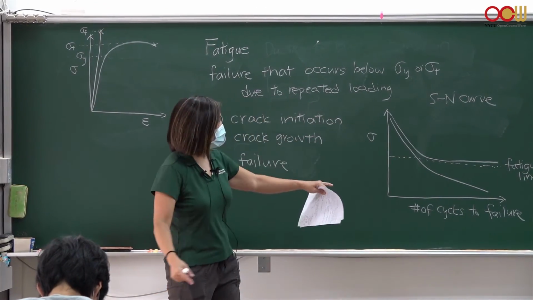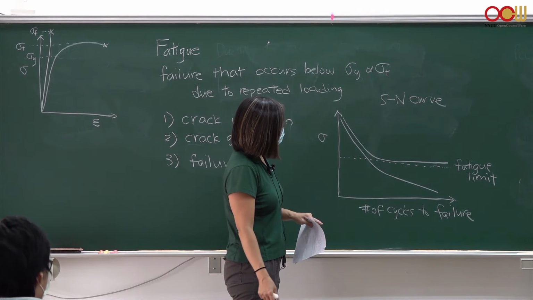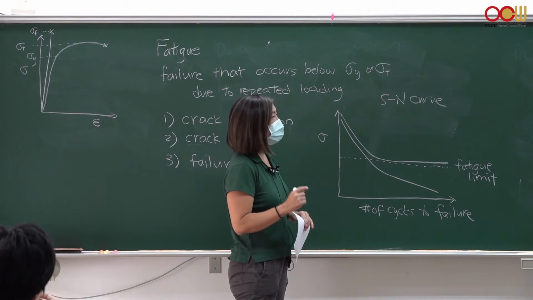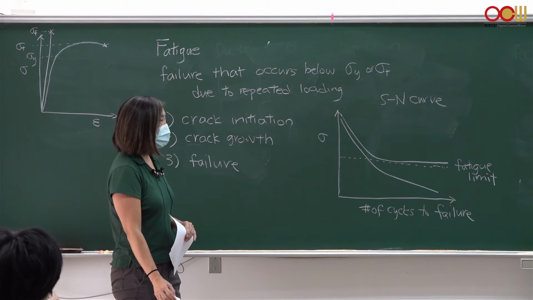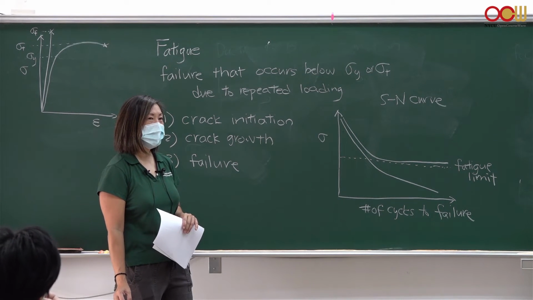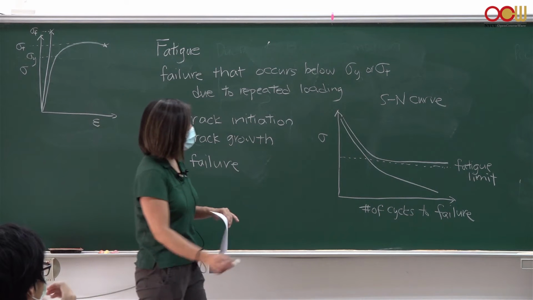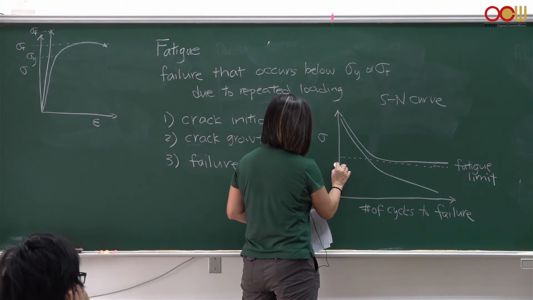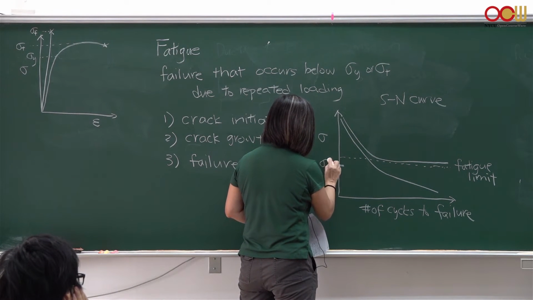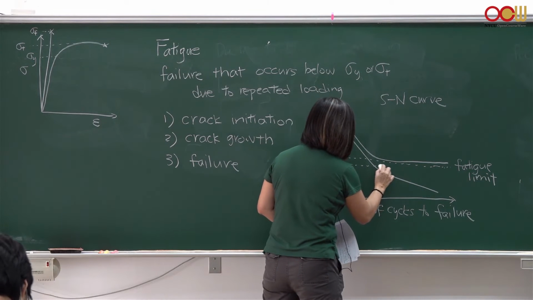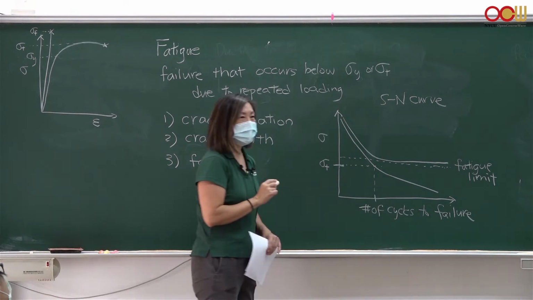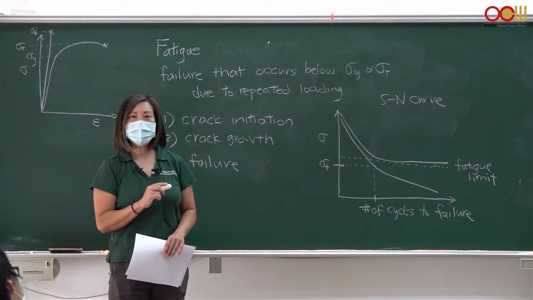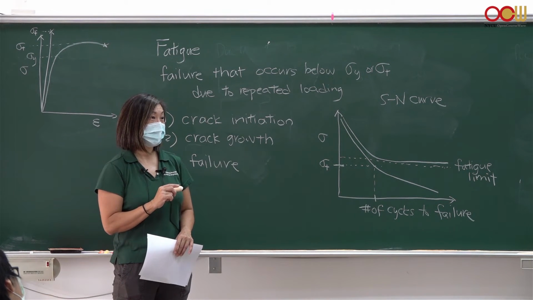So that's very important, right, when you fly, to make sure that fatigue is not an issue in the airplane wings. Let's say this is your airplane wing material, and you know that the airplane wing may fail at a stress of, let's say, this. So this is the maximum number of cycles you should allow your airplane wing to fly, right?